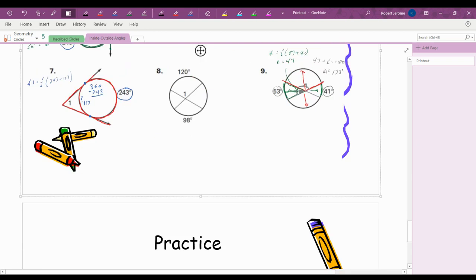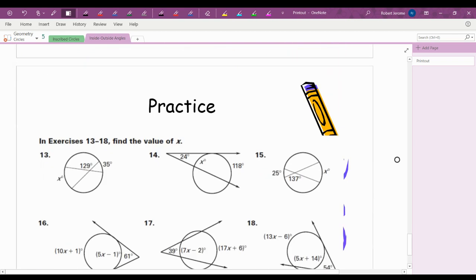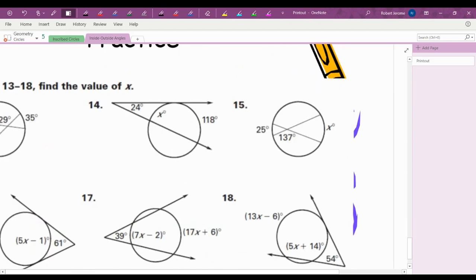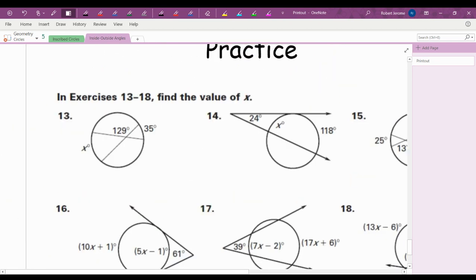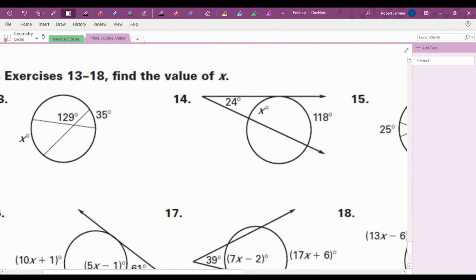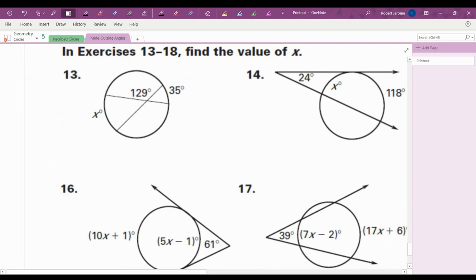Okay, let's see what else we have here. Well, in these questions, rather than looking for the angle, we're looking for something else in the formula. But that doesn't mean that it works any differently. So think about number 13, and I'm just going to give a little advice.